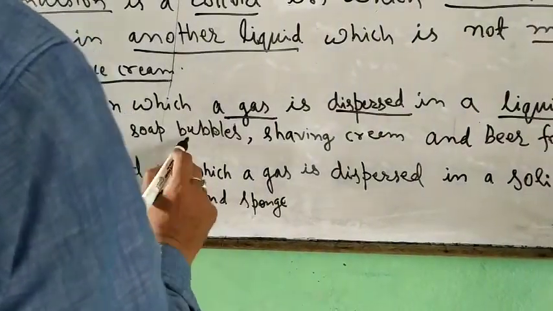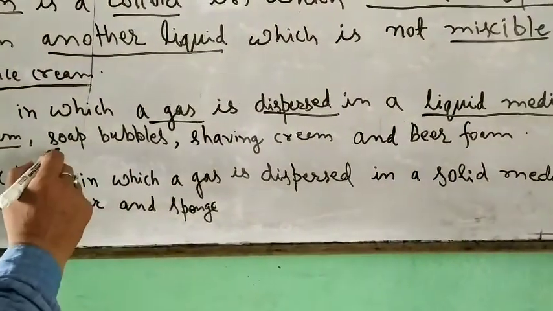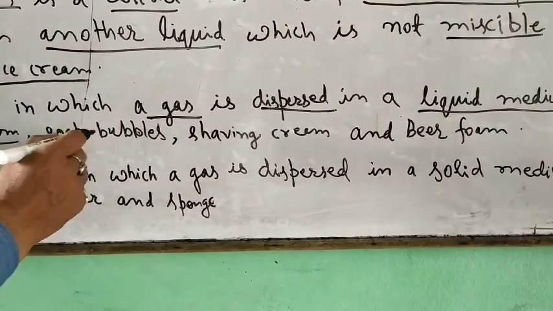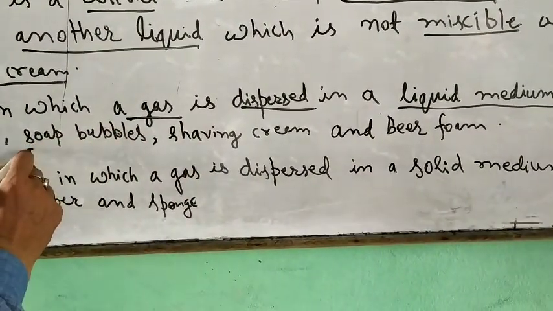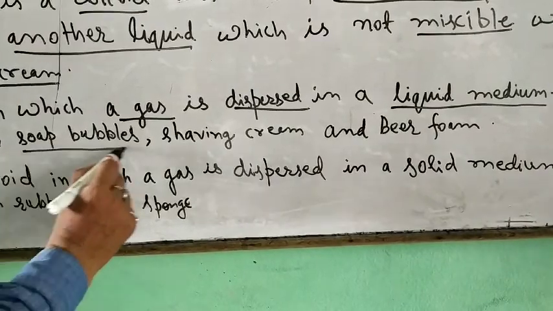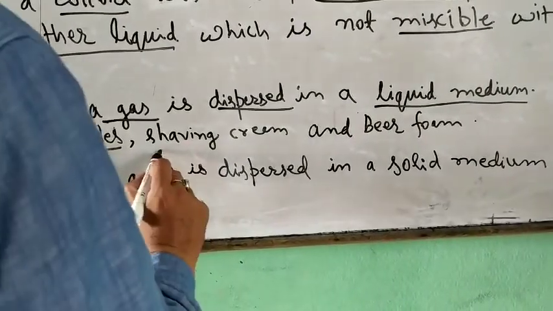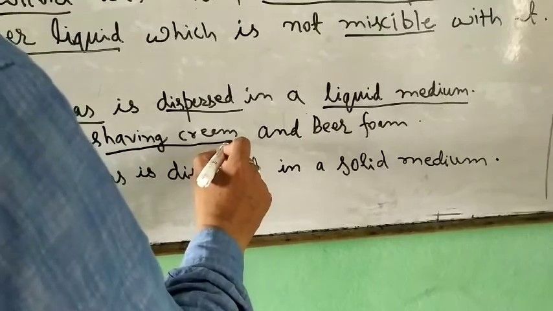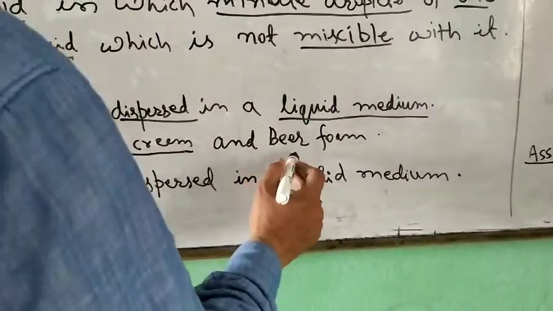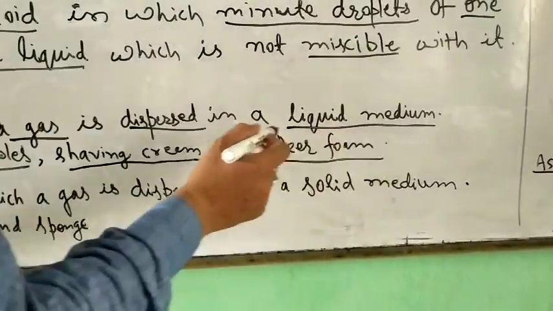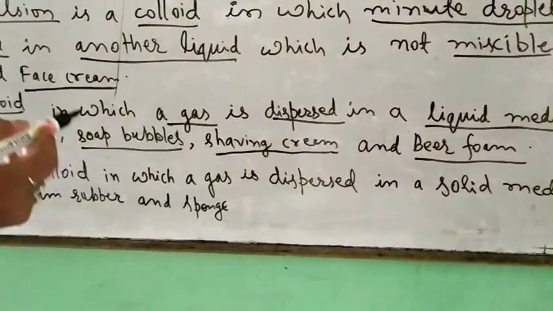In soap bubbles, the gas or air within the bubbles is dispersed in liquid medium. In shaving creams, gases like air are dispersed in liquid medium, and beer foam is also such an example.